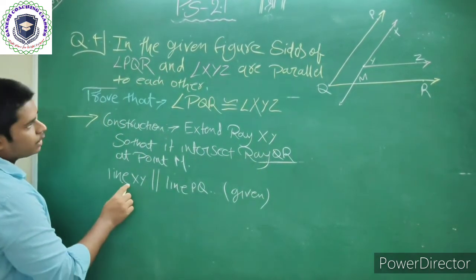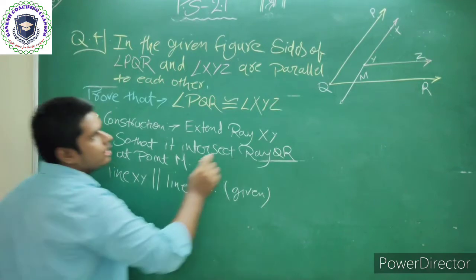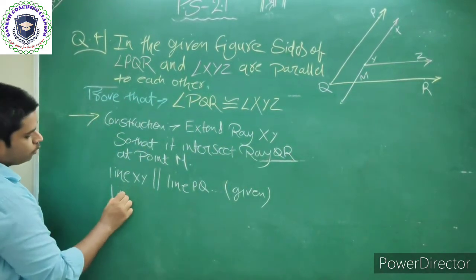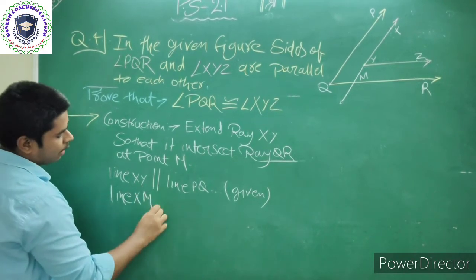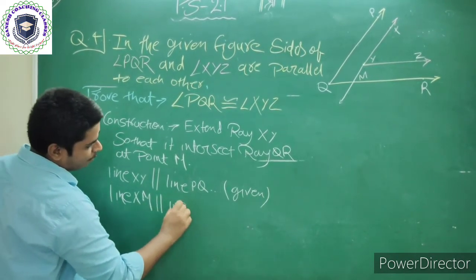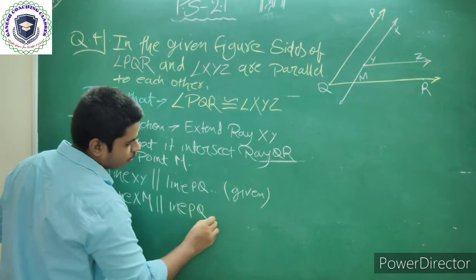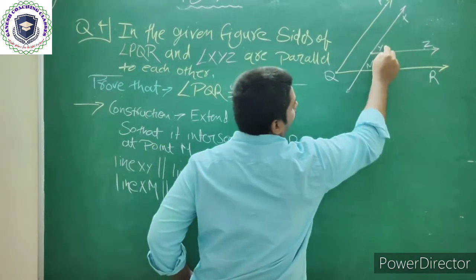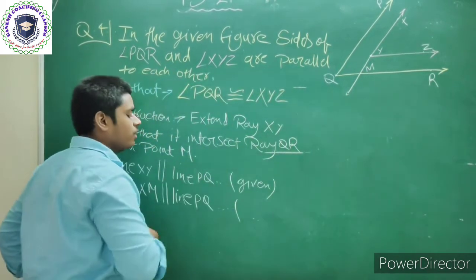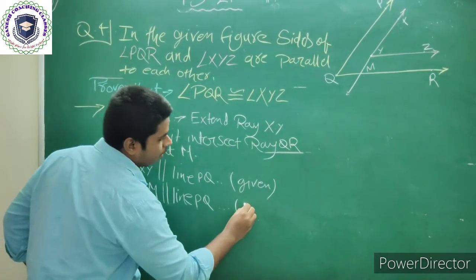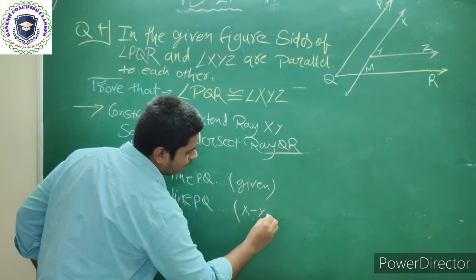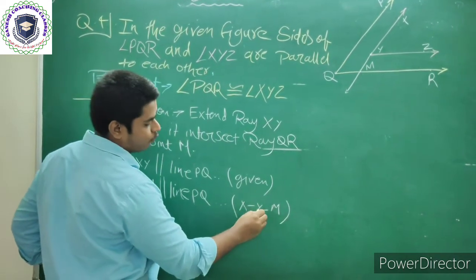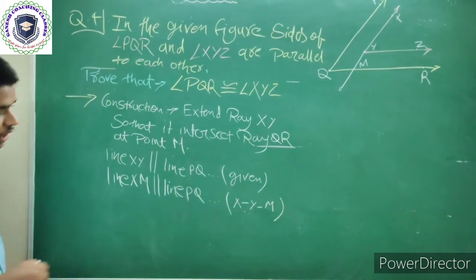So line XM is parallel to PQ. What should we write as the reason here? X, Y, M are collinear. Okay, this indicates that X, Y and M are collinear.